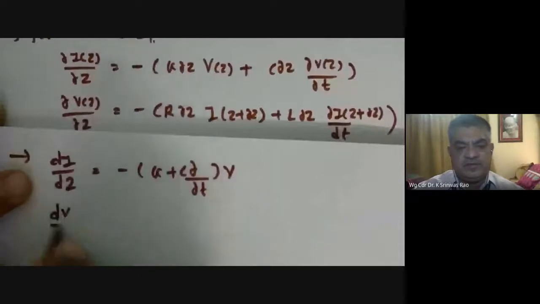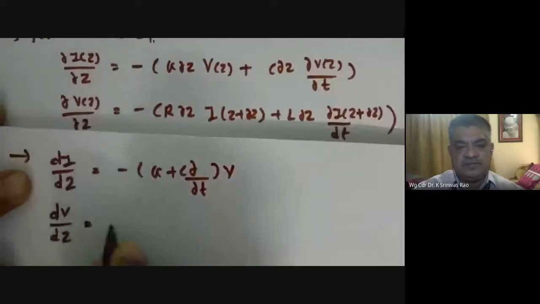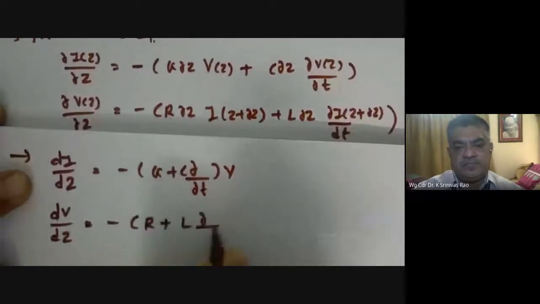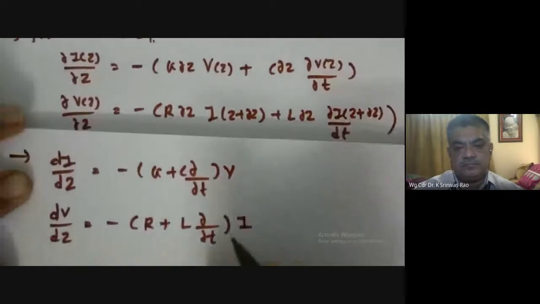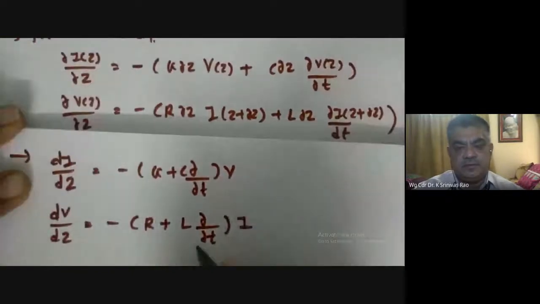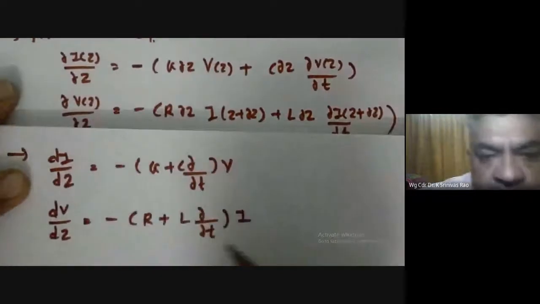For voltage, with the same equation, ∂V/∂z is equal to minus of R plus L ∂/∂t times I. That is correct. These are the equations useful to solve the transmission line problems.